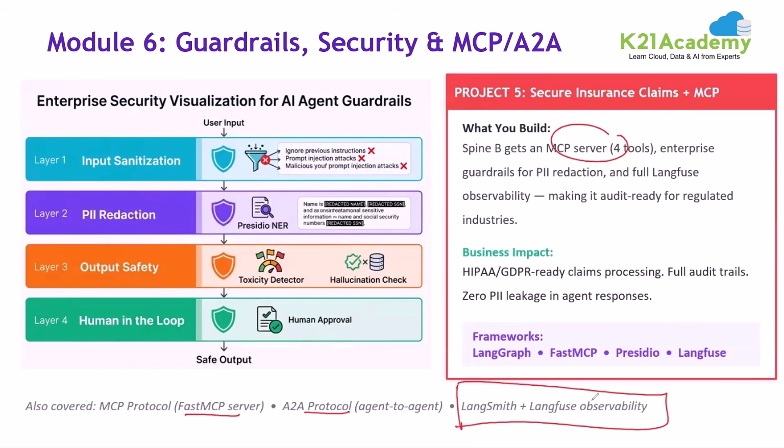And traceability means, let's say if there is a bug or an error, you want to drill down into each and every step. API call, you want to see the latency, the token usage, the overall cost for each and every API call, what actually went into the model, what came out of the model. That is traceability. You are going through each and every log input. So that is also what we are going to implement in this project number 5.